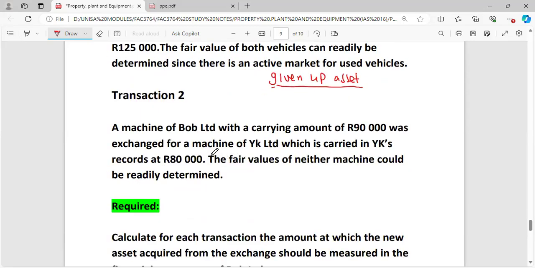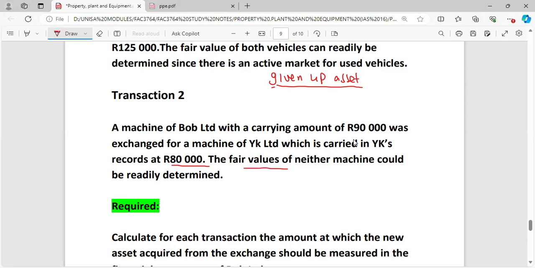Number 2 says a machine of Bob Limited with a carrying amount of 90,000 was exchanged for a machine of YK Limited, which is carried in YK's records at 80,000. The fair value of neither machine could be readily determined. Which means we couldn't manage to determine the fair value here.